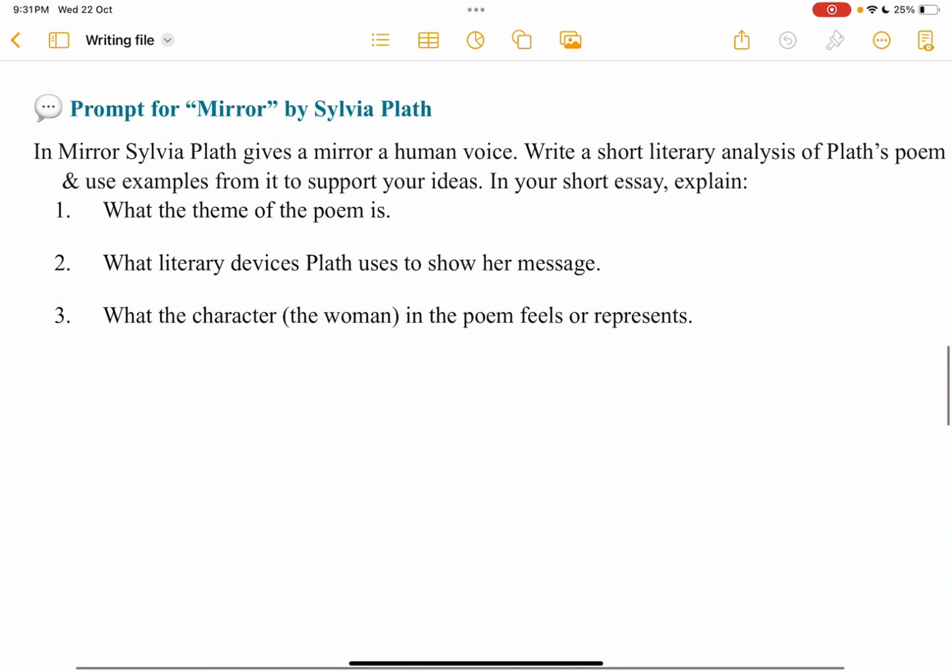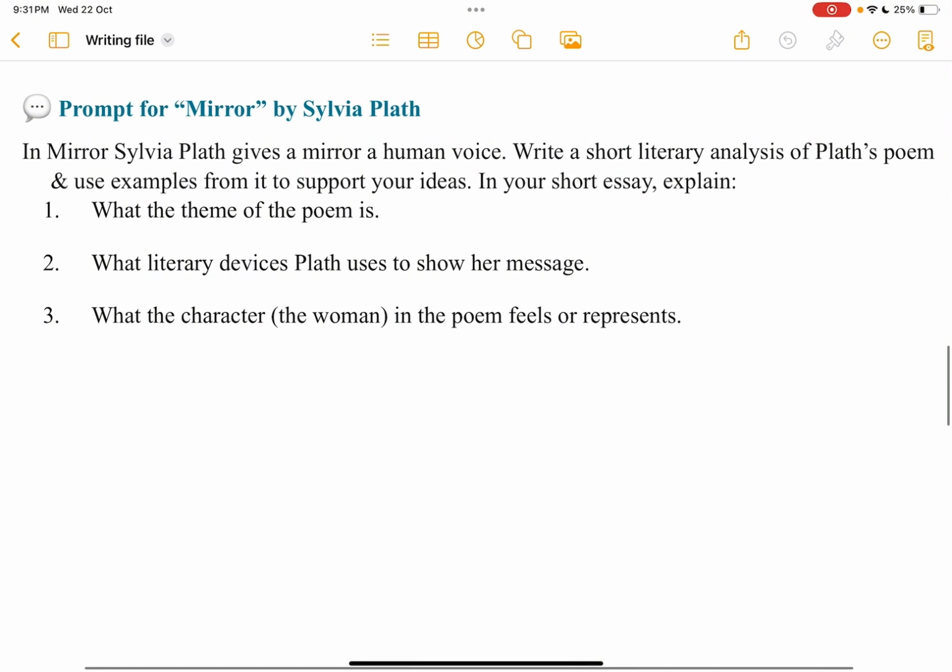Okay, so the prompt for the writing is Mirror. Sylvia Plath gives a mirror a human voice. Write a short literary analysis of Plath's poem and use examples from it to support your ideas.